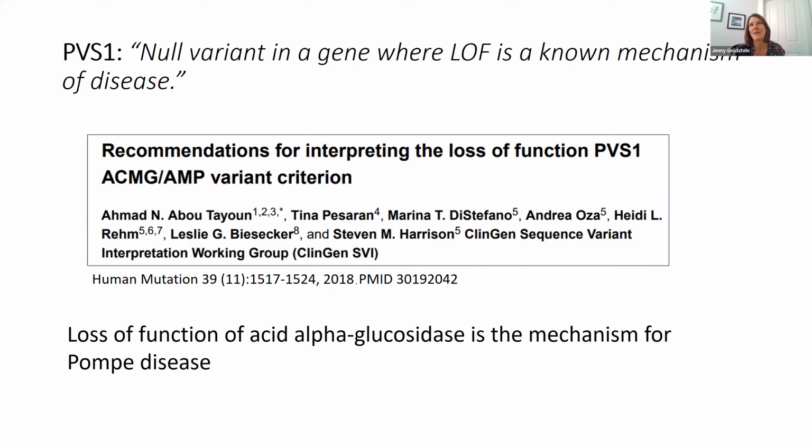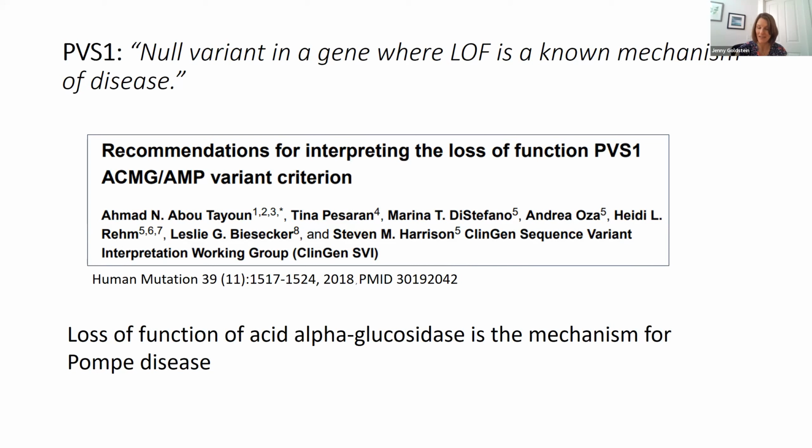So there are literally hundreds of different loss of function variants in this gene, including some that are extremely well known, at termination and frameshift variants. So clearly it is a loss of function mechanism, and of course we also know from functional studies that the enzyme just doesn't work in patients with this disease.